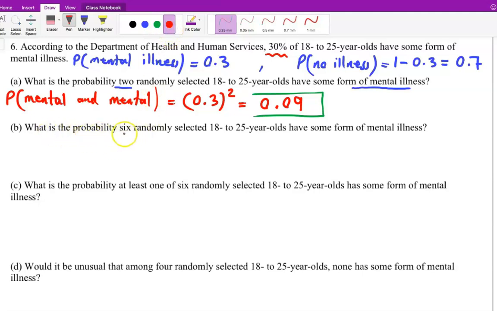Now next part, what is the probability that 6 randomly selected have some form of mental illness. So again, exactly the same as that, but now instead of having power 2, here we have 6, because that one was 2 randomly selected. Here 6 are randomly selected. Instead of writing mental and mental and mental, I'm writing 6 mental illness.